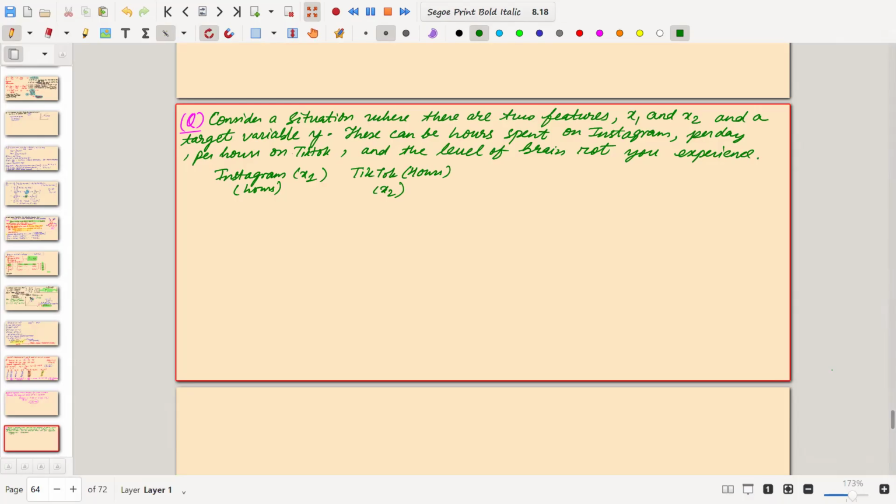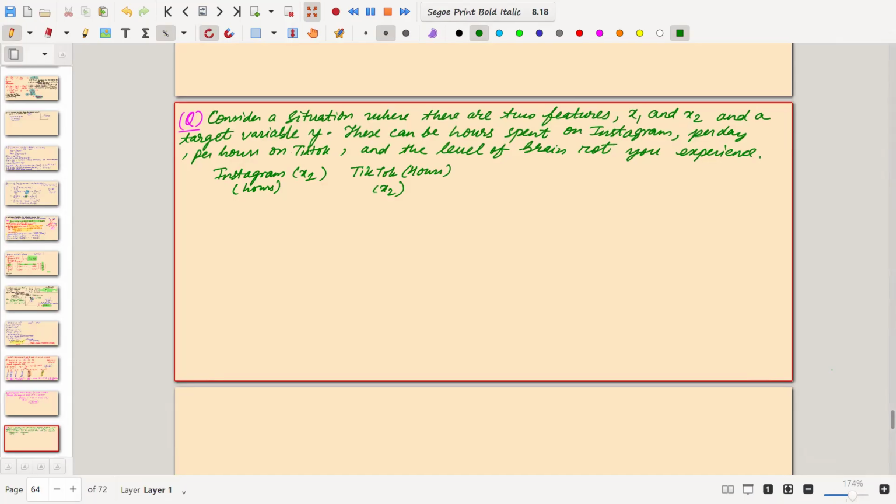And based on these two features, there can be more, but for simplicity, we are doing these two features. Instagram, how many hours are you using? X1 hours. And TikTok hours, you are using X2 hours. And our aim is to understand the brain rot that is happening, and that is known as Y. We want to estimate the amount of brain rot depending on these data sets X1 and X2.